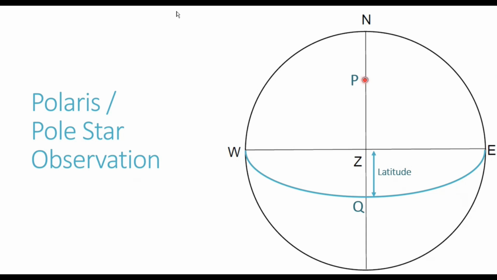Now with the pole visible in our diagram, let's concentrate our attention on arc NP. N represents the north point of the observer's horizon. N point is on the rational horizon, and P point represents the celestial pole, North Celestial Pole.